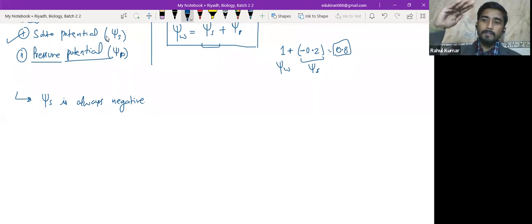So what happens when we apply pressure on any solution? Its movement increases across the plasma membrane, correct? It's simple. There is a balloon, okay? Let's understand it this way. There is a balloon and you make a pinhole in the balloon, a hole which will not make it burst, let's say.